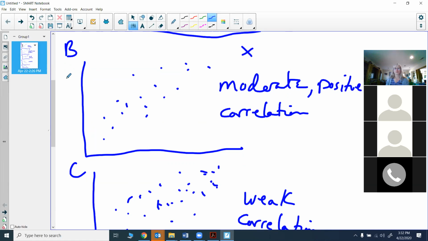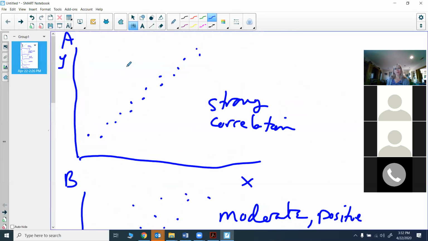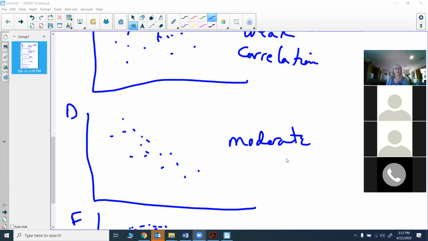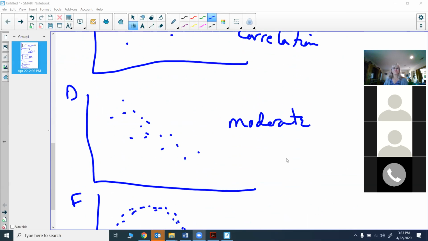Okay. So that means this first one we should also say is strong positive. And then Jacob says that this one is negative. So this is a moderate negative correlation.